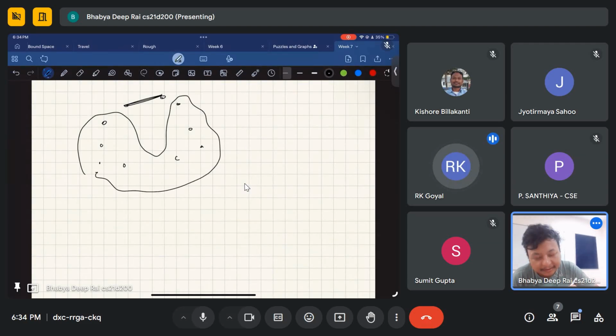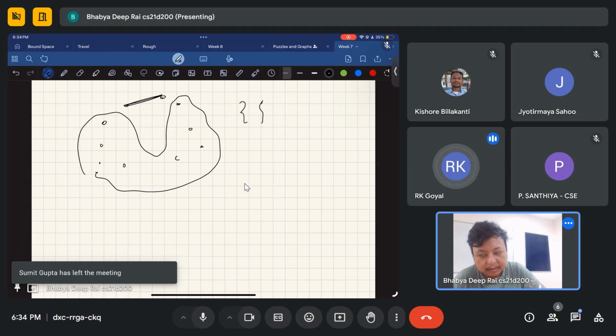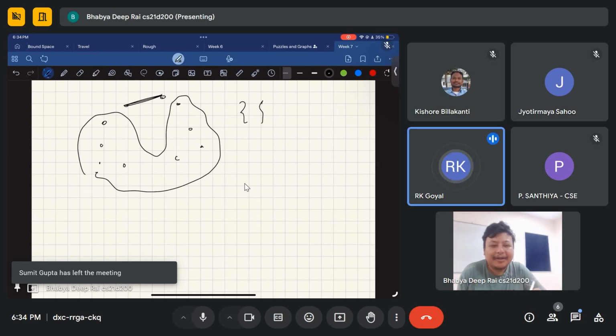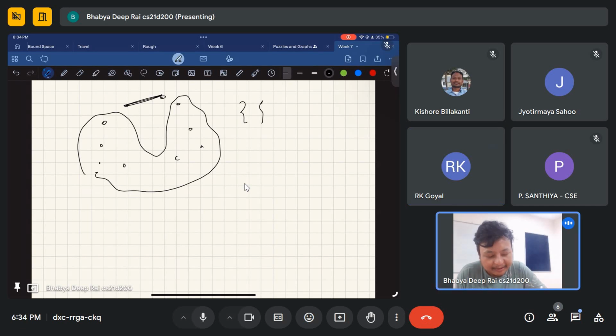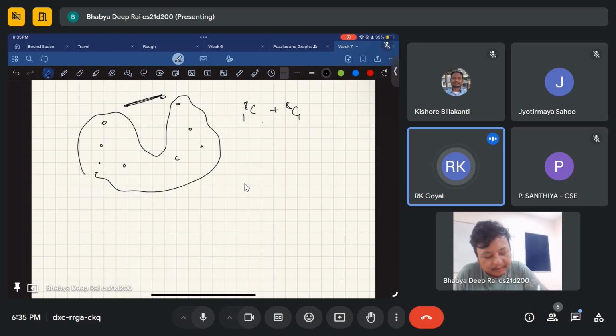Now to form the independent set, I can select none, in 8C0 number of ways. And I can select one of them in 8C1 number of ways, and so on. And then finally I select all 8 of them. So this is the sum of the binomial expression.